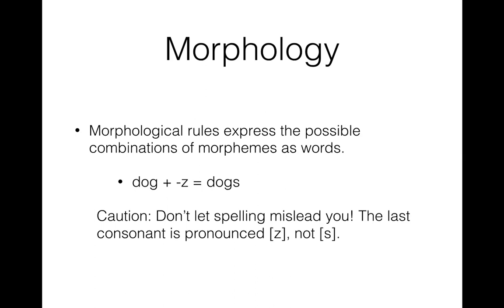So to express a morphological rule, you take different combinations of morphemes and you create new words in that particular language. So you have the word dog and the plural morpheme z, and now you have a new word in that language, dogs. So now you can already see, for the 200 words in your constructed language, if you have a word like dog in your constructed language, you take the plural morpheme.